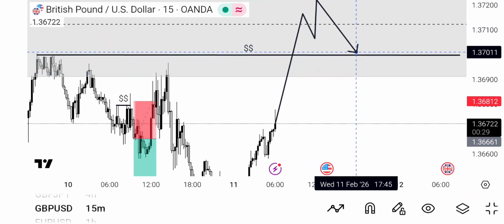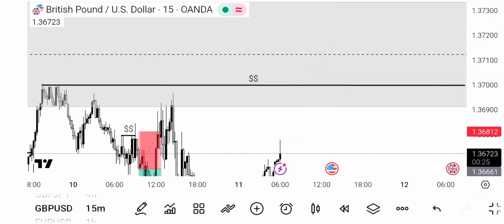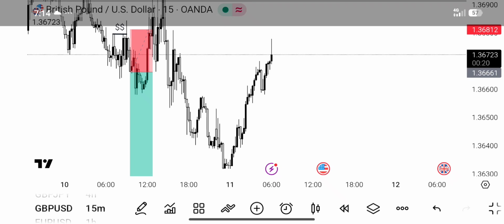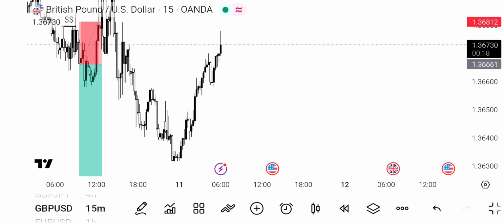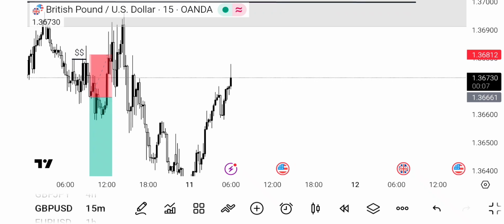Then I look for my short position. That's what I'm waiting for right now. I'm going to wait until 2 hours from the London session, because now it's 2 hours before the London session opens. So I'm just waiting.